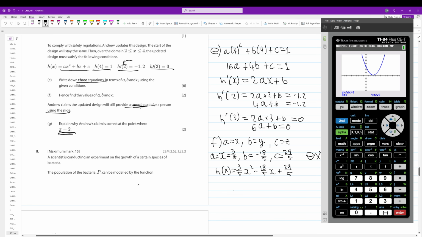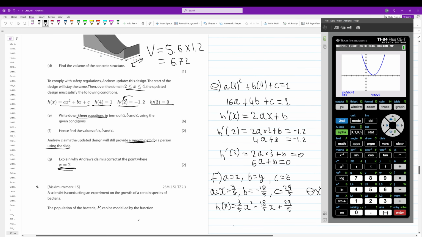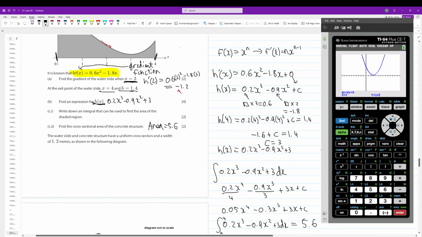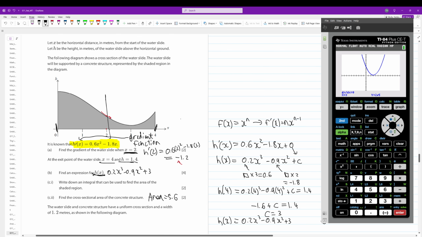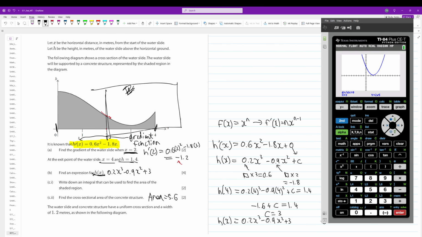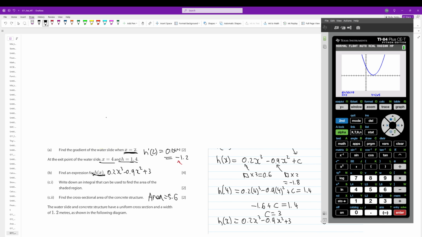So keep in mind that this new function is between 2 and 4, which means that the new bit only starts from here. New bit. In this new bit, so long as this bit's got the same gradient, there won't be a bump when you go over that bit of the slide.